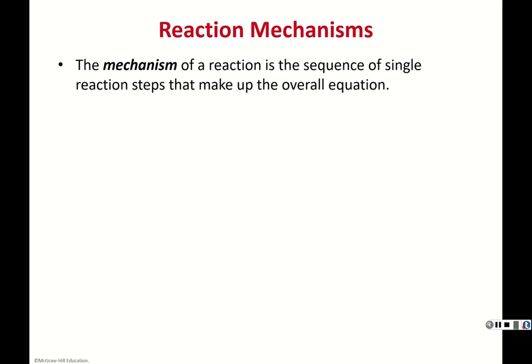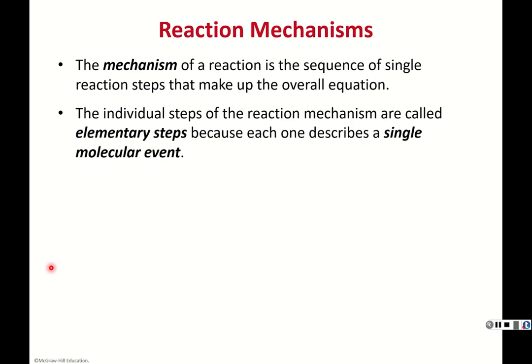So far, we haven't really discussed how reactions occur, and that's what this term mechanism means. The mechanism of the reaction is the sequence of single steps that will make up an overall reaction. The individual steps of the reaction mechanism are called elementary steps because each one describes a single molecular event.